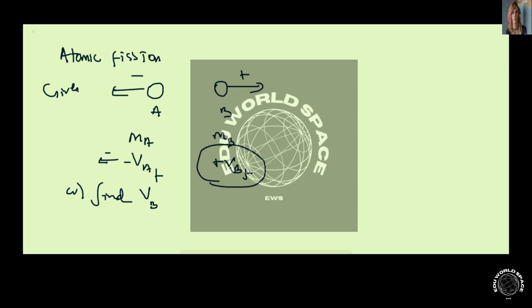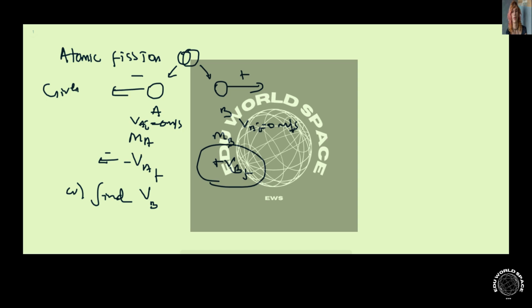The initial velocity of A, we're going to call VA initial, and the initial velocity of B, we're going to call VB initial. So these two happen to be 0.0 meters per second prior to splitting because the object is not moving yet before it splits. After it splits, then it acquires different velocities.